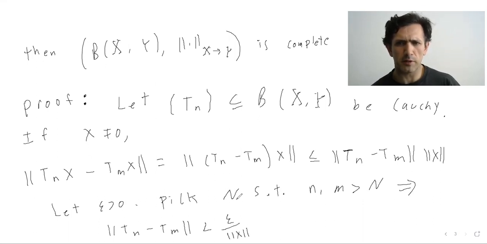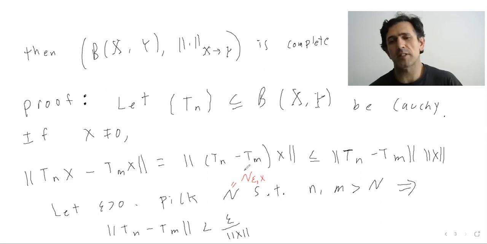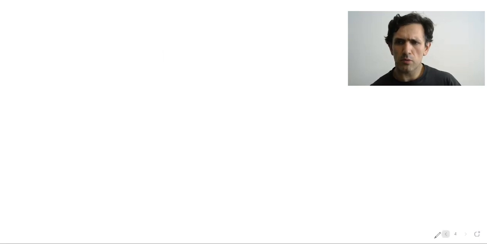So let's be a little careful here. This absolutely depends on epsilon. Obviously it depends on epsilon, but it also depends on x. Certainly as x is non-zero, if x gets larger and larger, we need perhaps N to be itself larger and larger to make this true, because epsilon over the norm of x, for x larger and larger, is smaller and smaller. Right.